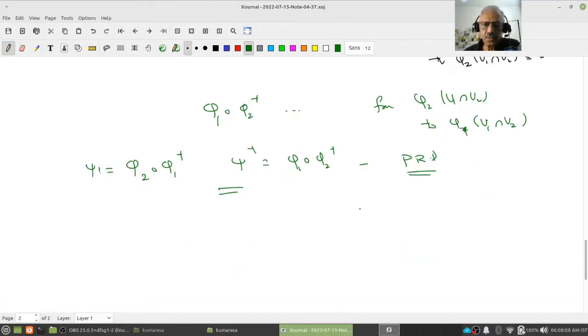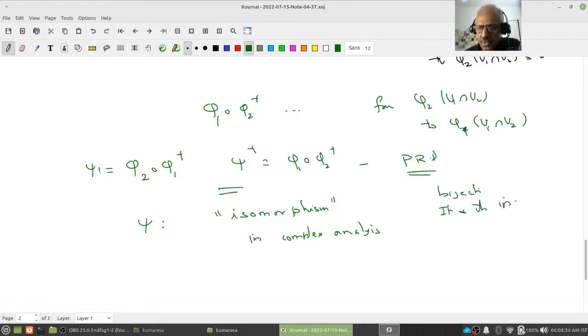So in some sense this map xi is something like an isomorphism for me. Isomorphisms in complex analysis: what does it mean? It is a bijection, and both it and its inverse are holomorphic.